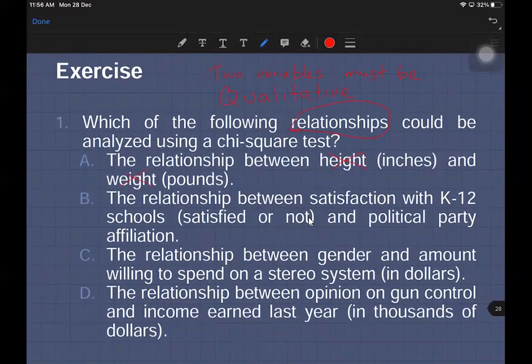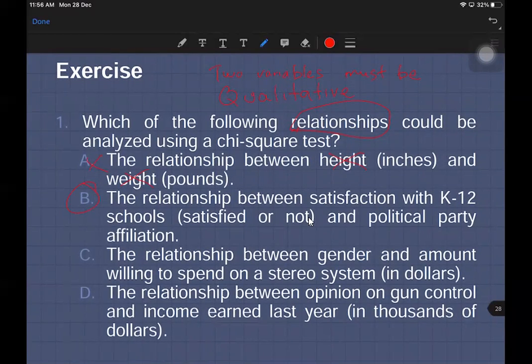Weight is not qualitative. So A is wrong. B, the relationship between satisfaction with K-12 school, satisfied or not satisfied, which is qualitative, and political party affiliation. Both are qualitative. So the answer is B.